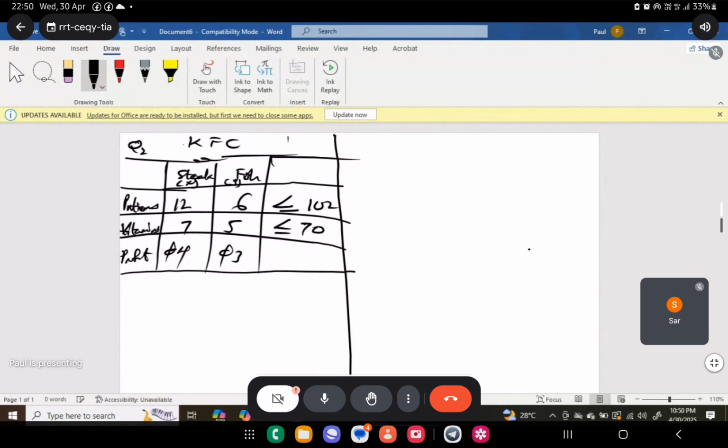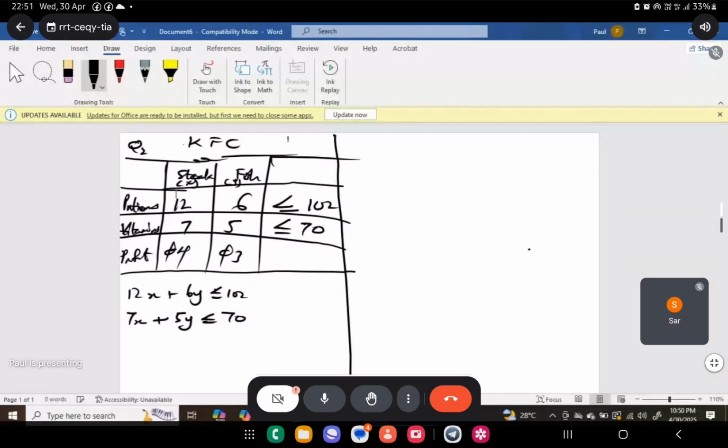So for proteins, the constraint becomes 12x plus 6y less than or equal to 102. And for vitamins, it becomes 7x plus 5y less than or equal to 70. Please, you understand?